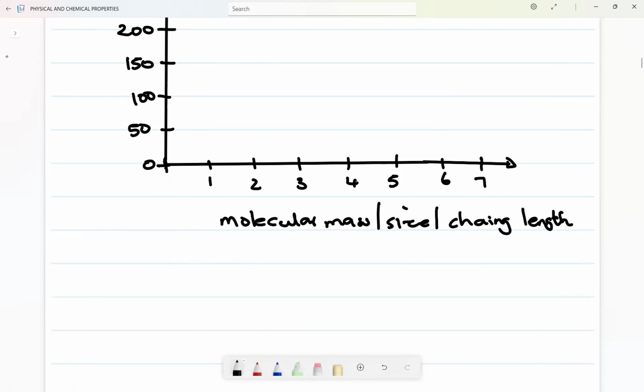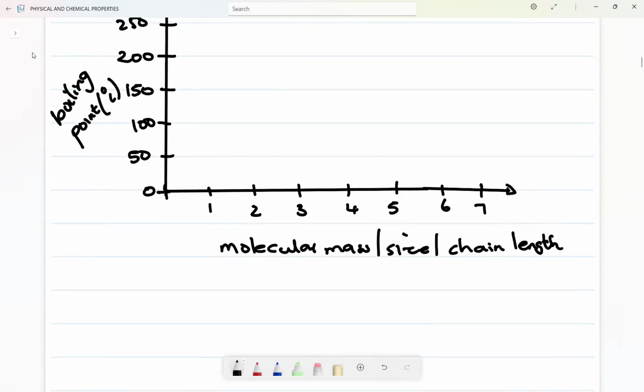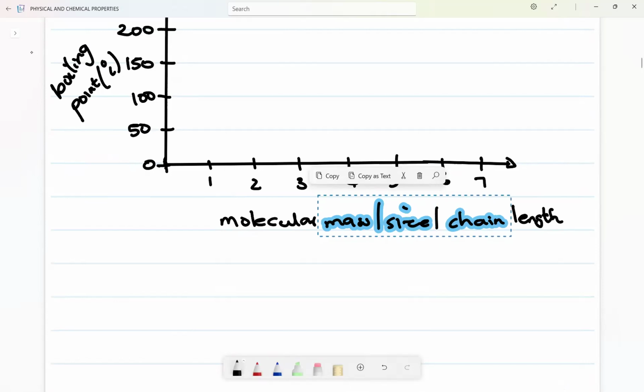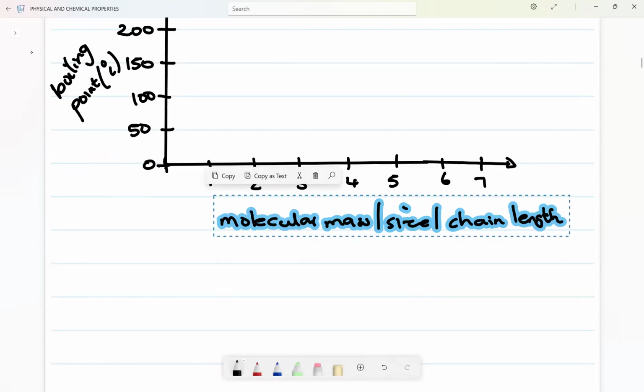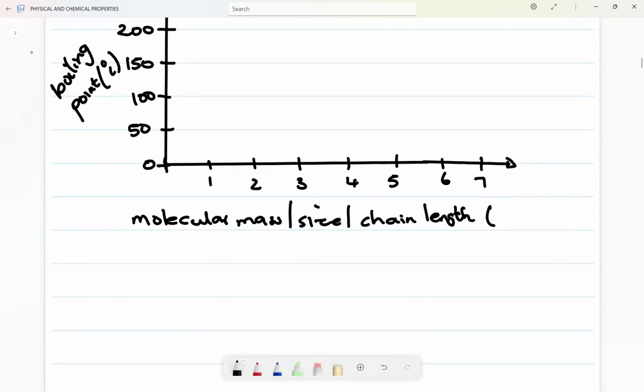And here, this is the boiling point, in degrees Celsius. If it is molecular mass, I can say it is gram per mole, like that. Depending on what the examiner might give you.